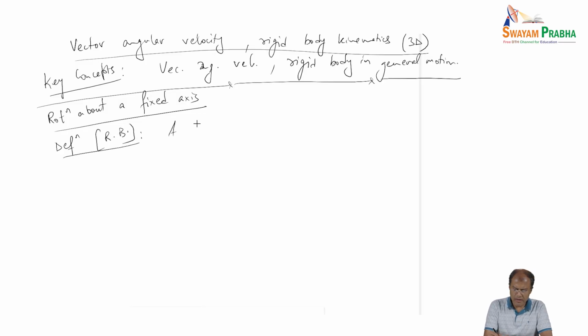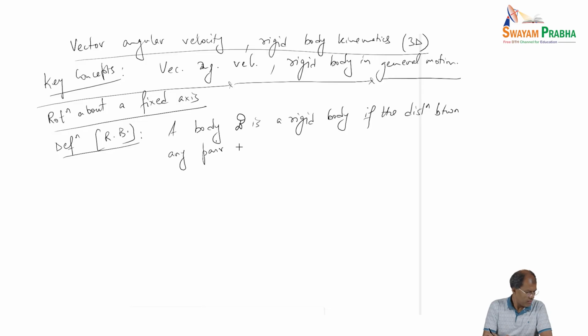A body B is a rigid body if the distance between any pair of its particles remains constant.